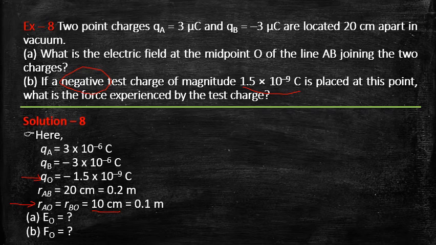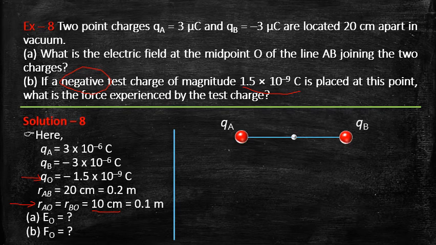So how do we approach it, how do we start? Let us first try to understand the situation. Two charges QA and QB are given, and we have midpoint O. First, if I consider electric field, we know that for a positive charge, electric field lines go out. So for positive charge QA, the electric field must be going in this direction.